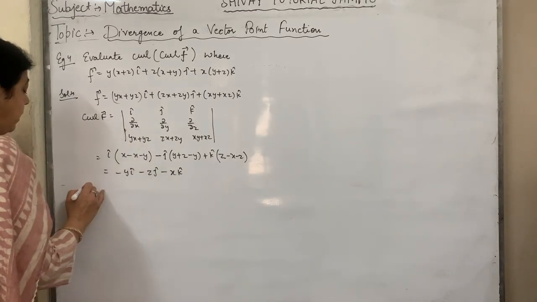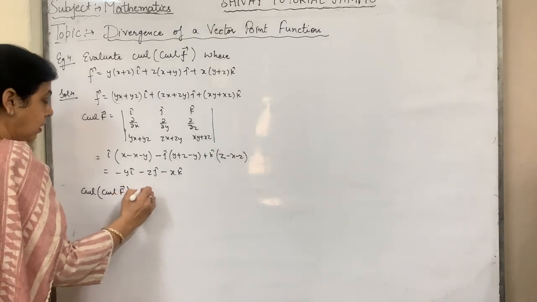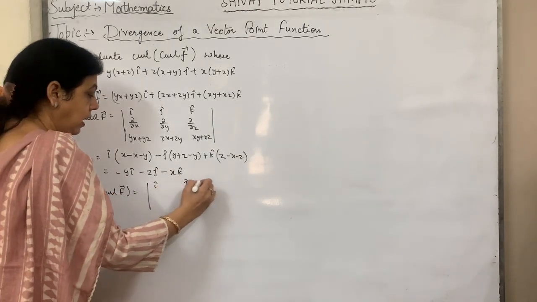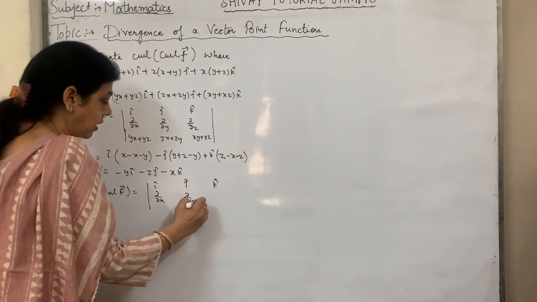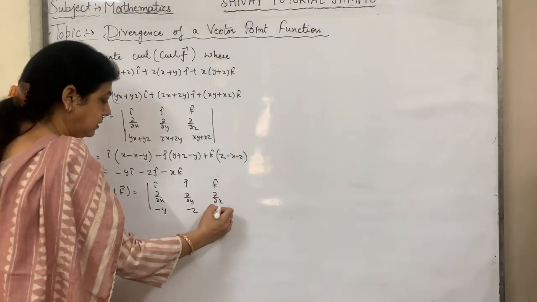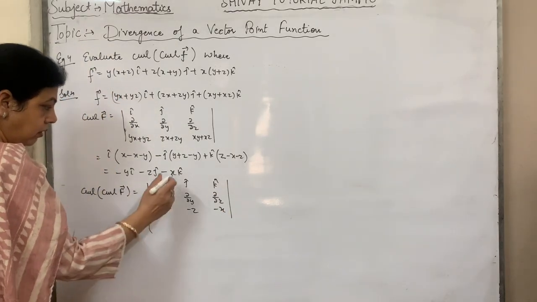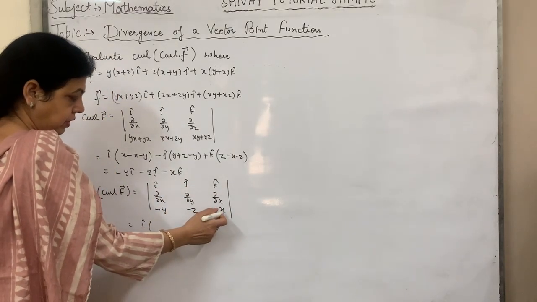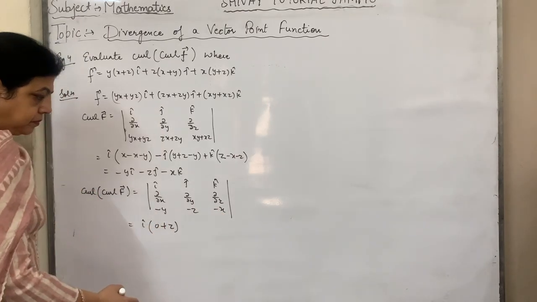Okay, now we will find curl of f. i, j, k, curly y, curly x, curly y, curly z, minus y, minus z, minus x. Then it will become i with, we will differentiate this with 0 and this will become z, 1.